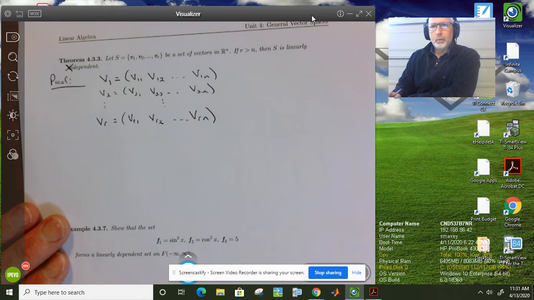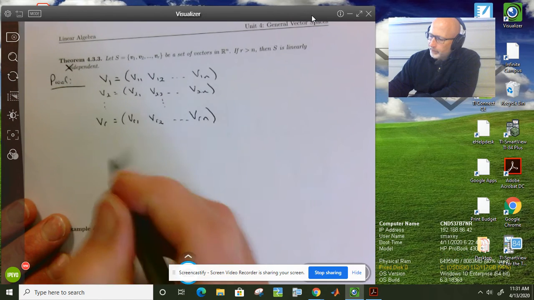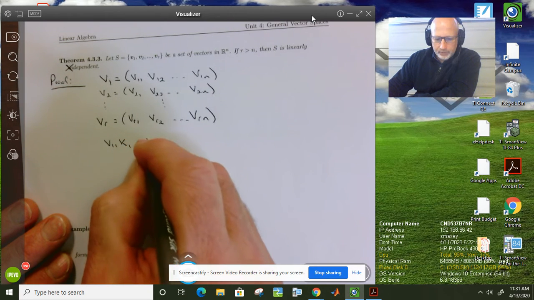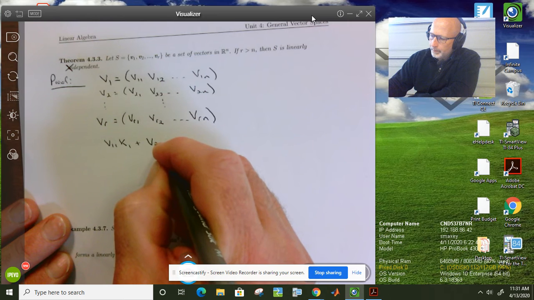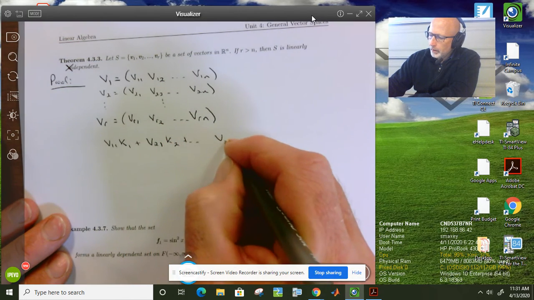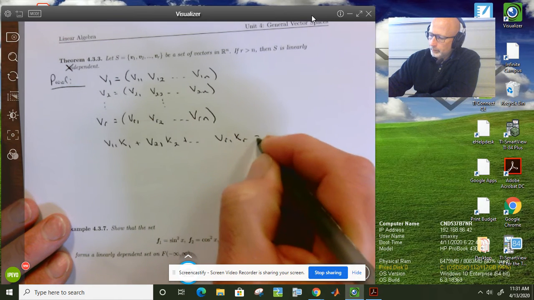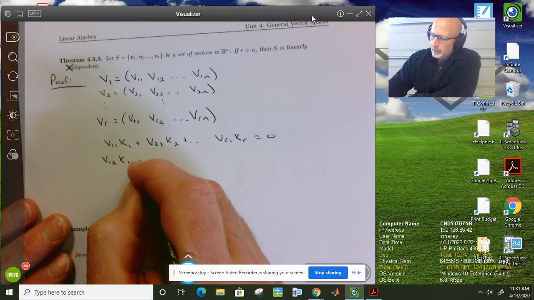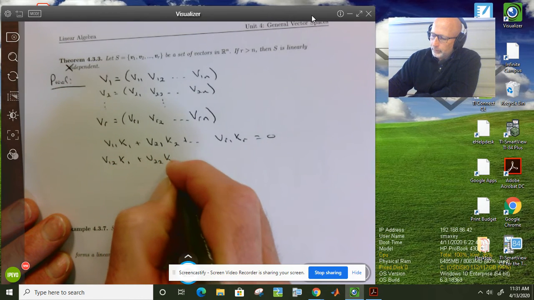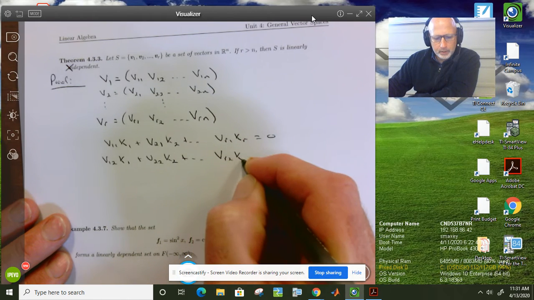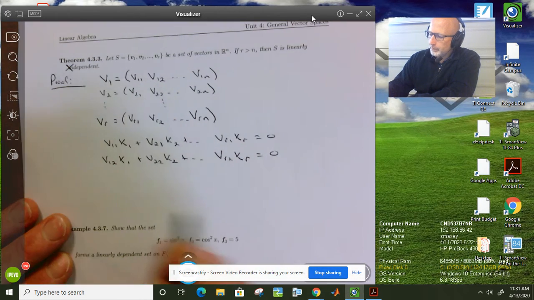Once again, taking the set of vectors, multiplying by k1, k2, and so on, we have the system: v11 k1 plus v21 k2 plus all the way over to vr1 kr is equal to 0. And then also v12 k1 plus v22 k2 plus all the way over to vr2 kr is equal to 0.